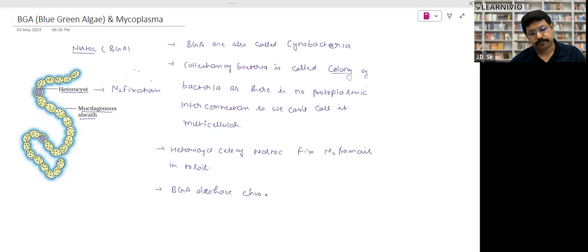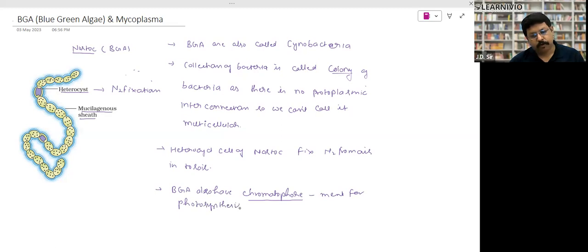chromatophore. What are the chromatophores? Chloroplast is not found, right? So they have chromatophore. Chromatophores are meant for photosynthesis.